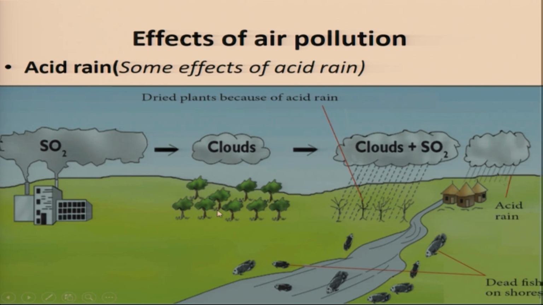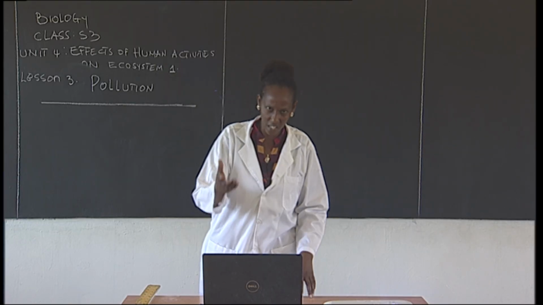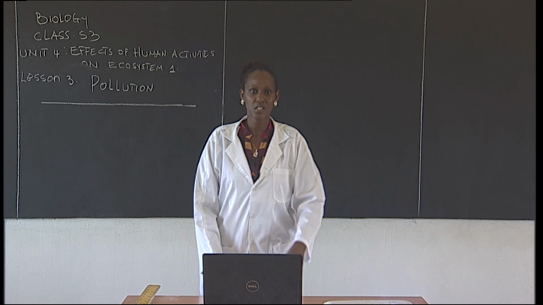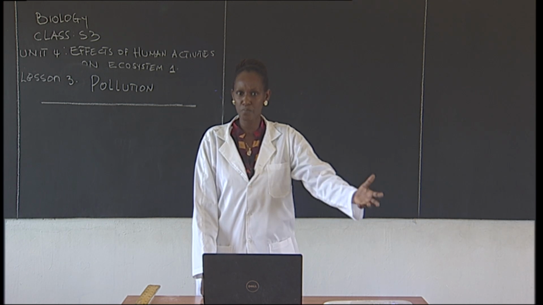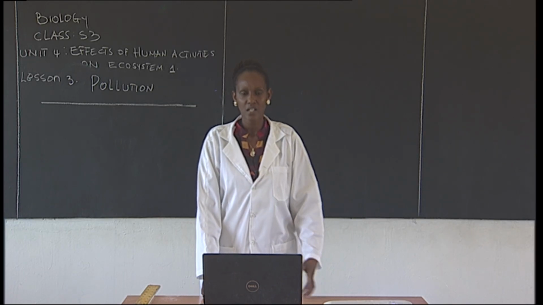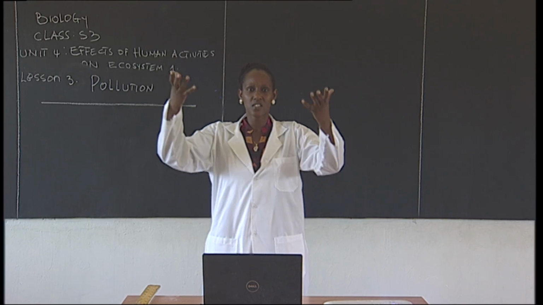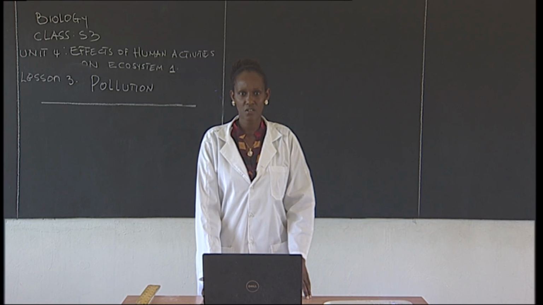All right? Now, at the end, when they release carbon monoxide, carbon dioxide, nitrogen dioxide in the atmosphere from industries, from vehicles, these old vehicles, from cooking, burning of soot, from different fuels that are burnt, they release what we call greenhouse gases, all right?